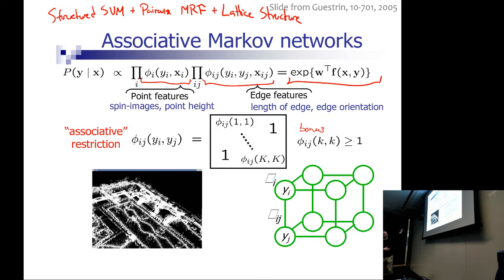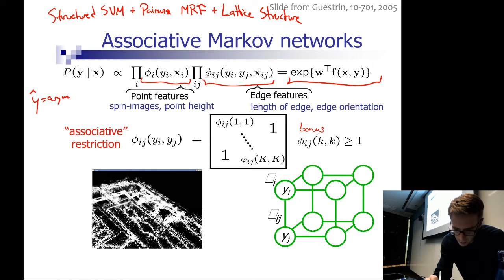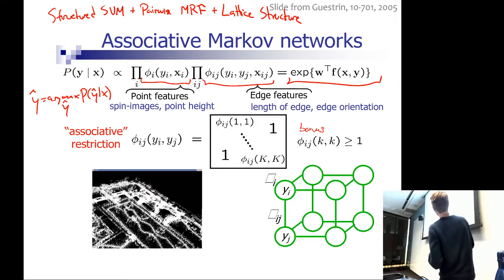Here, because we're going to return a single most probable assignment, right? We're going to return some y hat that is the argmax over y hat of p of y hat given x. We're going to return some assignment to these variables that is internally cohesive.